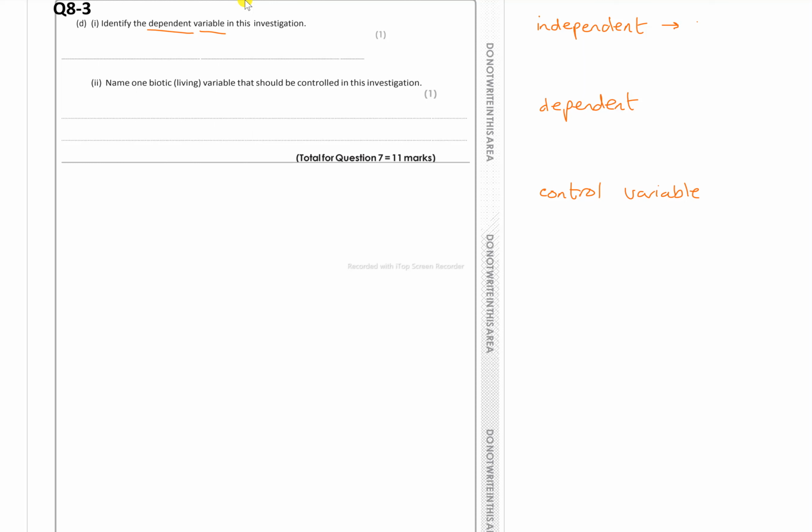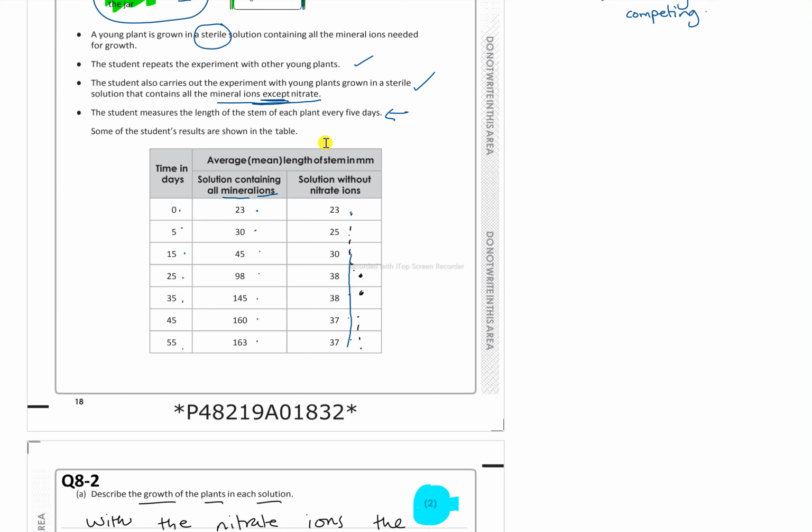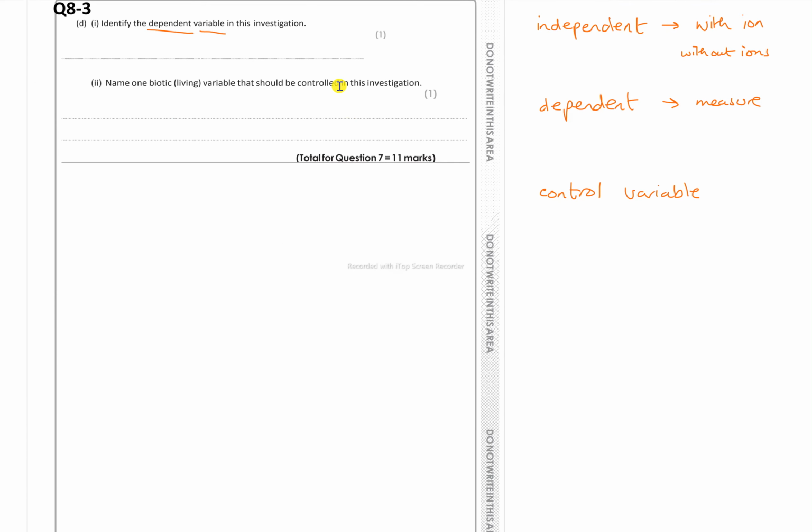So in this case, it would be a solution with nitrate ions and one without ions. Dependent is the one that you're going to measure. In this case, it will be the, did you say the number of leaves or length? Yeah, okay, the length. So measure, in this case, the length of the plant.